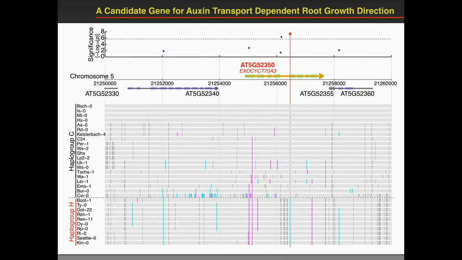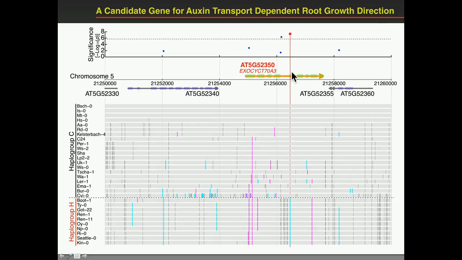Now, consistent with that, when we group the accessions in haplogroups, basically groups that show one allele of this exocyst or the other, we can see that there are a couple of polymorphisms, if you look at the full genome sequence, that differentiate the one group that is not very sensitive to this NPA auxin perturbation and the other group that's very sensitive to this perturbation of auxin transport, including a non-synonymous amino acid SNP that leads to an amino acid exchange in the coding region of this gene, called the EXOCYST 70A3 gene, a terribly long name.